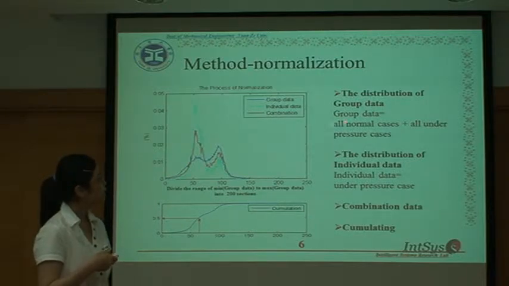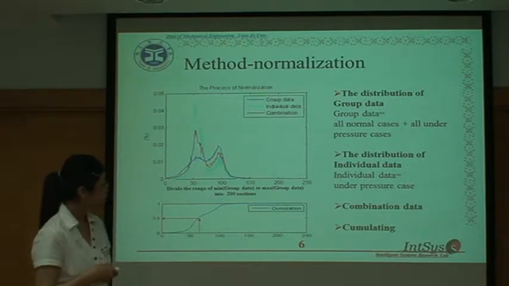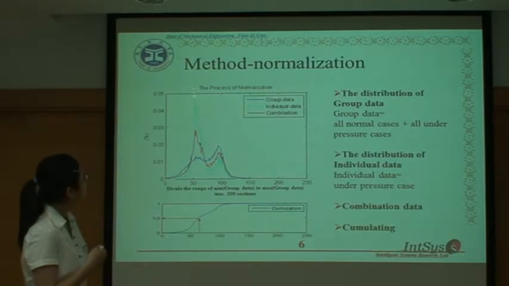The group data include all normal cases, where people are not under stimulant, plus people under pressure cases. And we also have individual data. The individual data is our target, where the person is under pressure.